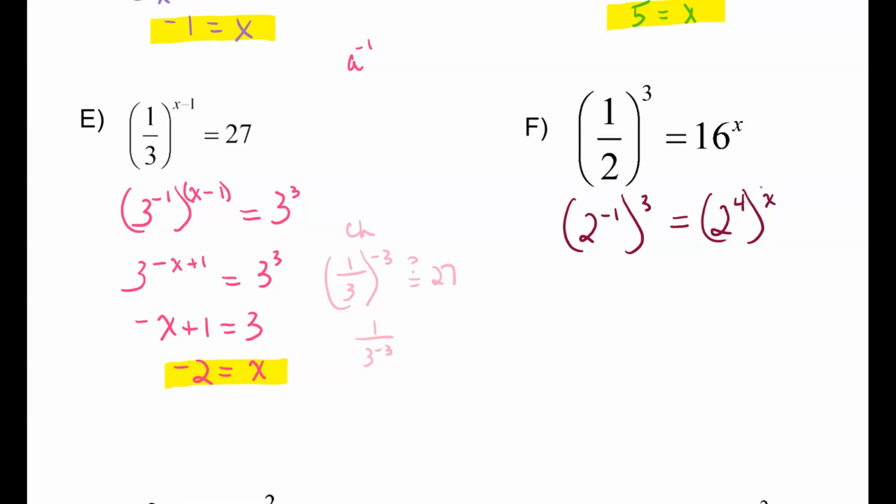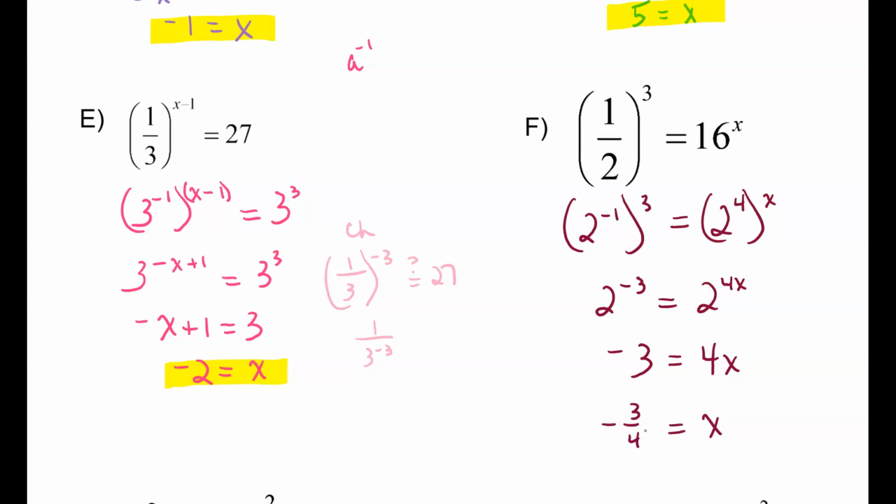Yes, after we multiply the terms, we get 2 to the negative 3 is equal to 2 to the 4x, which means negative 3 is equal to 4x. So what does x equal?